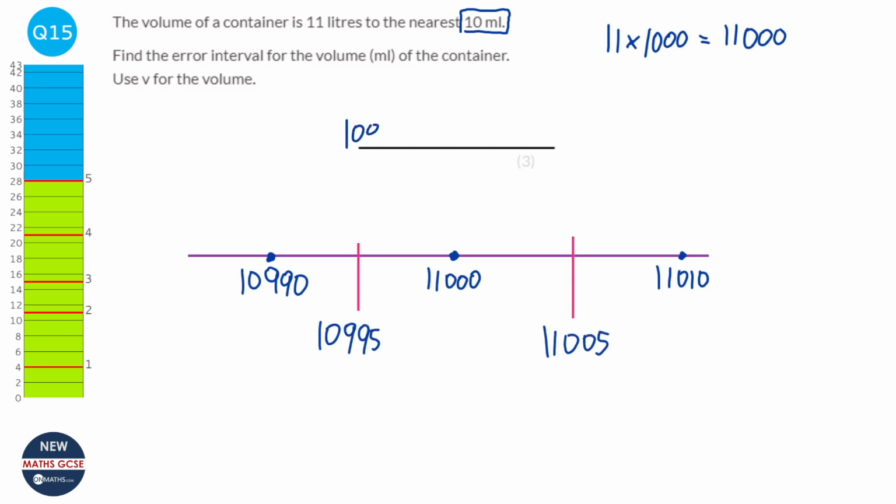And so that is going to be our upper and lower bound. And we just need to say that V can be anything above the 10,995 and including that, and it can be anything below 11,005, but it can't include that, because if it was 11,005, it would have rounded up to 11,010.